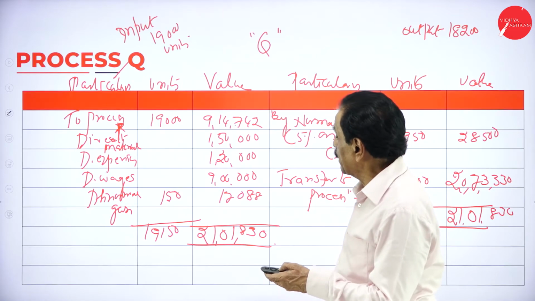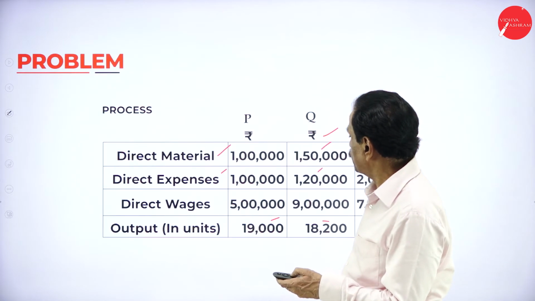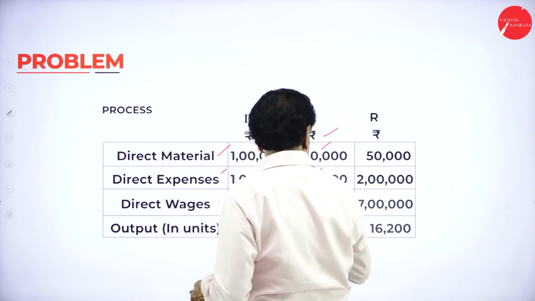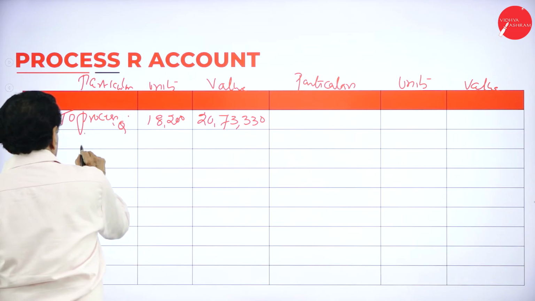We'll see the expenditure of this process. Direct material 50,000. Direct expenses 2 lakh.